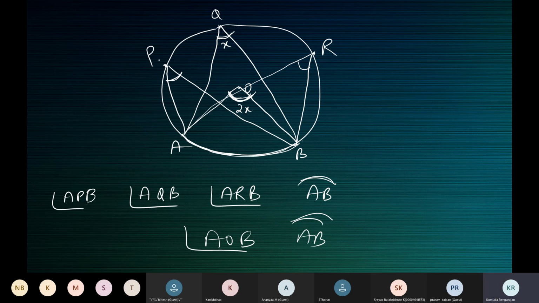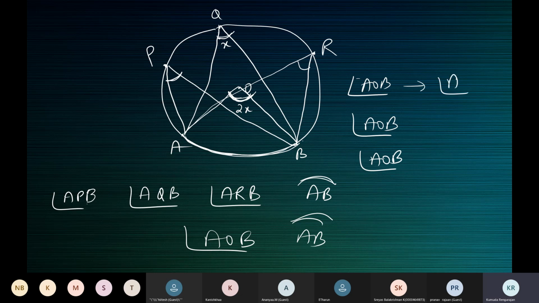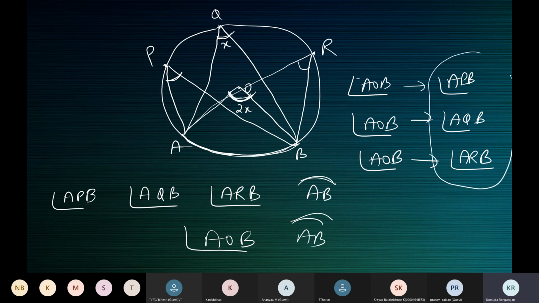Same thing, APB, AOB. When you compare angle AOB with APB, AQB, and angle ARB, these are the angles made on the circumference by the same arc.